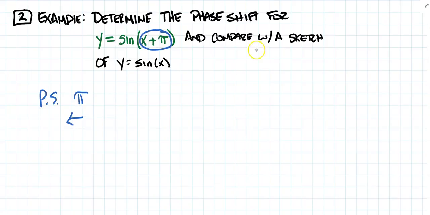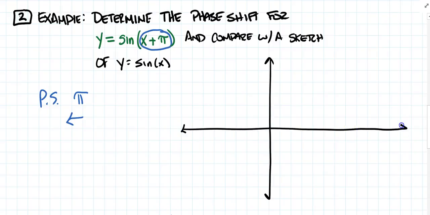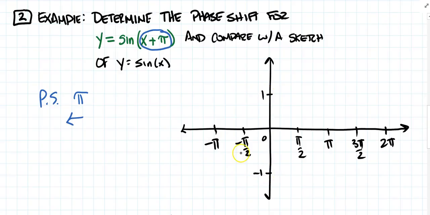So I'm going to make a coordinate plane here, and give myself some space on the left and on the right. I'd start with 0, pi over 2, pi, 3 pi over 2, and then 2 pi. And if I went backwards, I'd have negative pi over 2, and then negative pi.